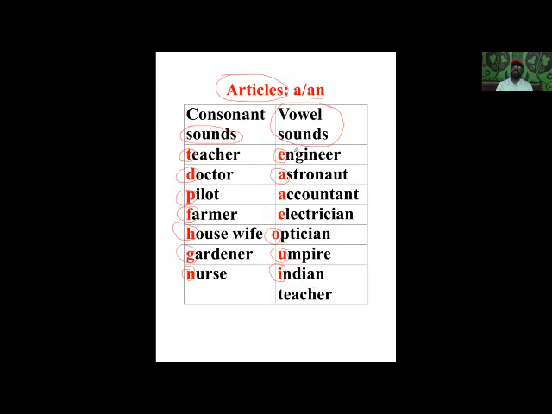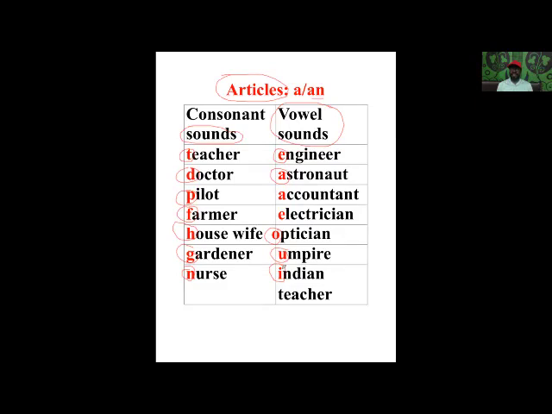So because the first sound is a vowel sound, we put an: an engineer, an astronaut, an accountant, an electrician, an optician, an umpire, an Indian teacher.